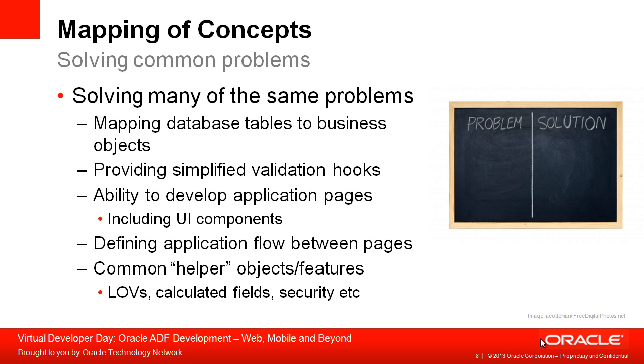You might argue it's not an essential thing in building an application, but it's a very useful feature to have. Calculated fields is another thing. Having security built into your application that can be easily turned on or turned off is also an important thing as well. So having those helper features in your application is pretty useful.